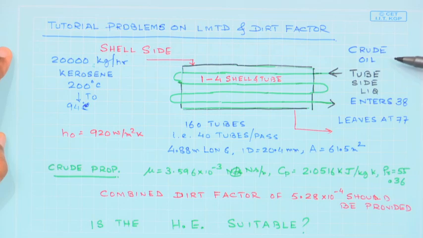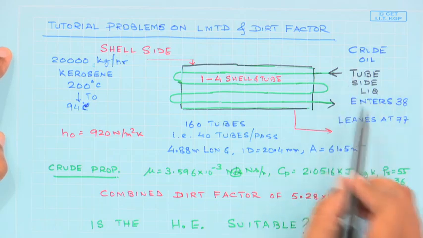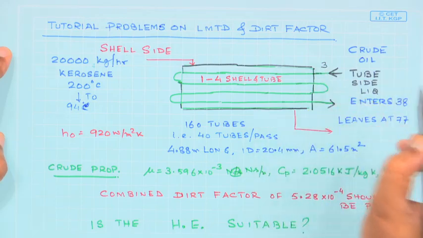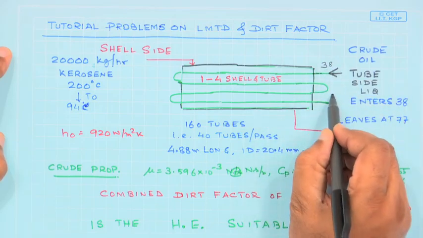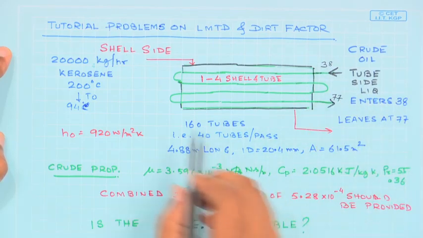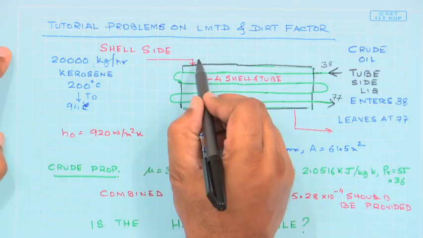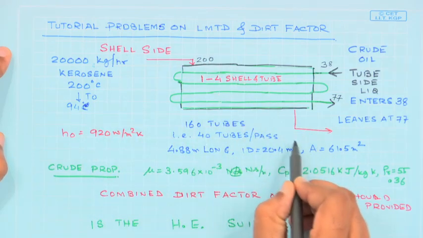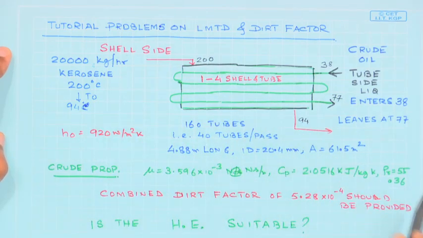On the tube side, we have crude oil, which enters at 38 degree centigrade and leaves at 77 degree centigrade, and the shell side is at 200 and it leaves at 94.